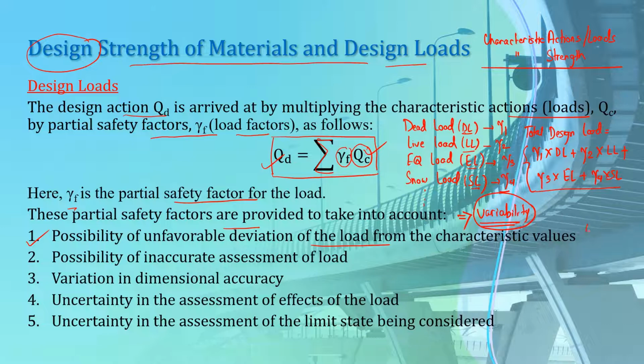For example, if we have considered that 4 kN per meter square is a characteristic value of live load acting on a roof of our building or any slab of our building, it may not always be 4 kN per meter square. The actual value of the load may differ from this 4 kN per meter square, and it may become 4.5 kN per meter square.